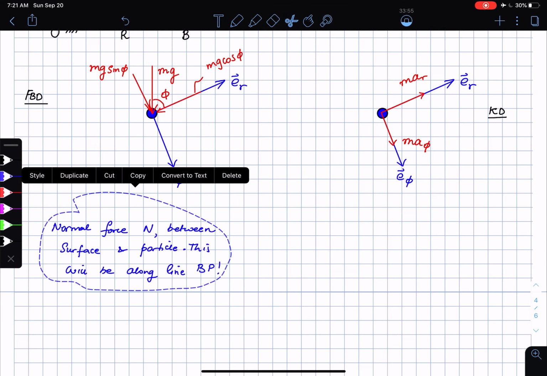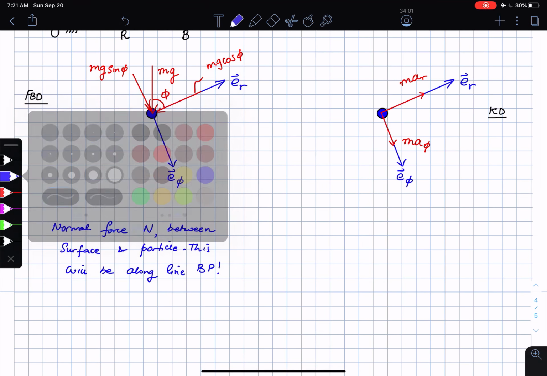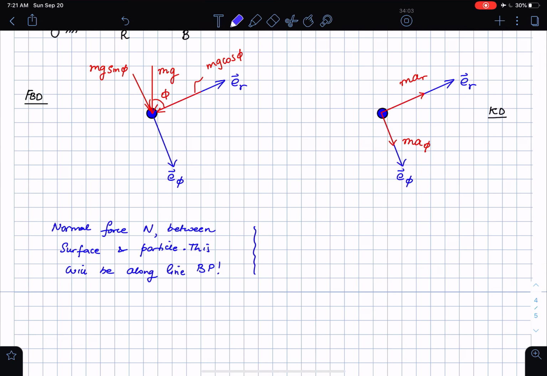So that's one thing here. There is a normal force. Then going back to my same color, there is also a contact force, let's say F_C, between the rod OA and the particle along negative E phi.